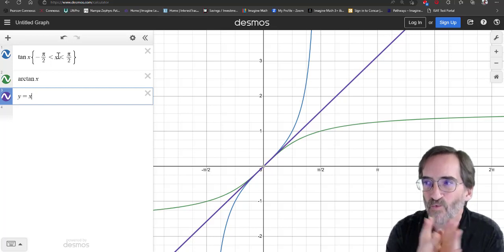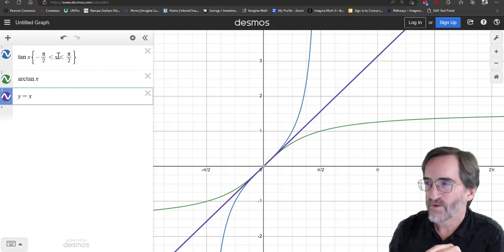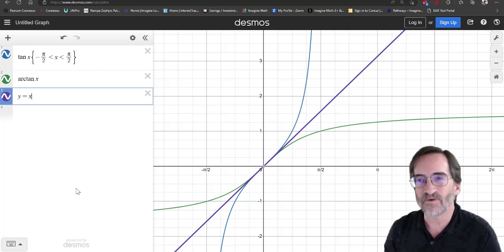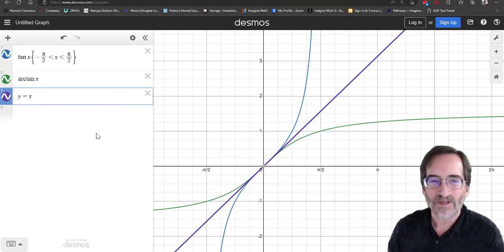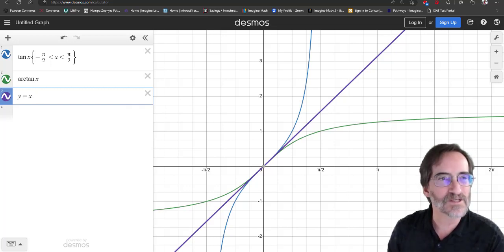So the range of the arctangent function is from negative pi over 2 to pi over 2. The domain is all real numbers because the range of the original function is all real numbers. So domain and range are switched. Hopefully you get the idea, and we'll explore some more detail in the lesson.